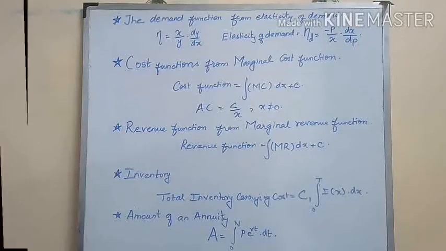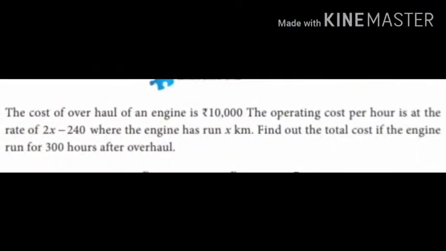We have a problem. The cost of overhaul of an engine is 10,000. The operating cost per hour is at the rate of 2x minus 240, where the engine has run x kilometers. Find out the total cost if the engine runs for 300 hours after overhaul.